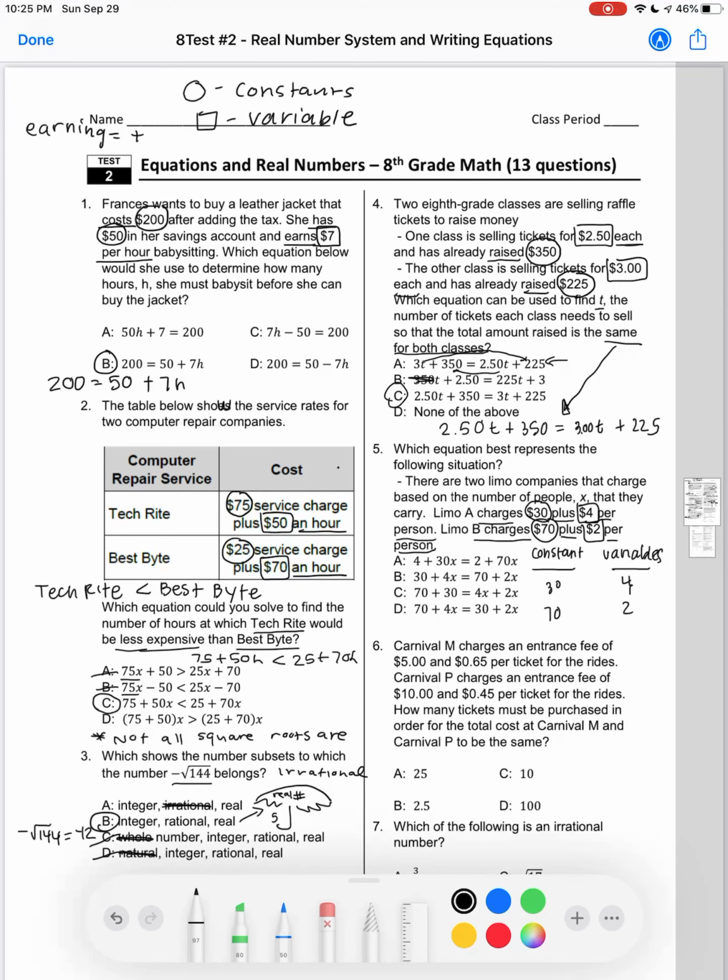So just seeing that, we know that 4 and 2 have to have variables. There's no 4 and 2 with variables here, and so we can already eliminate that one. And we know that the 30 has to go with the 4, and the 70 has to go with the 2.